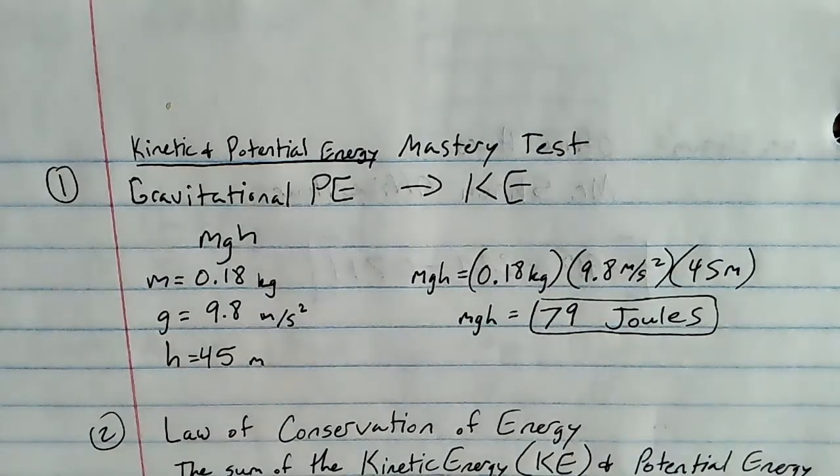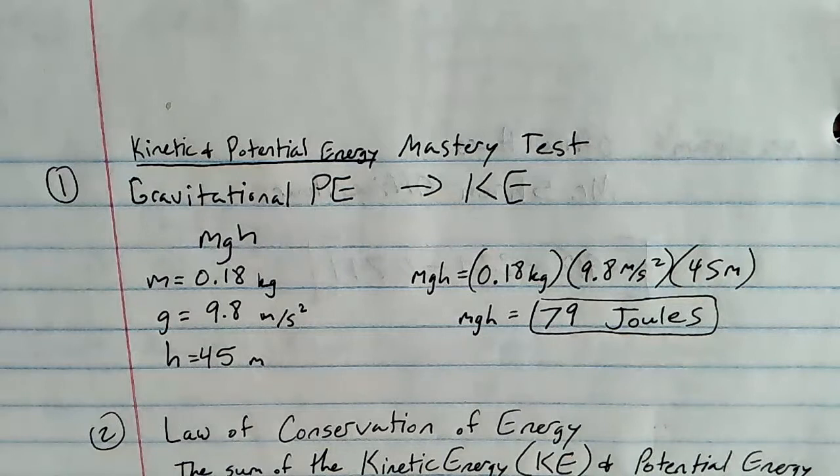Hey, it's Mr. Shrum, and I am back with the mastery test walkthrough for the kinetic and potential energy section. Last time we talked about potential energy and position, and how position of objects within force fields gives them energy that can be stored or used for later.